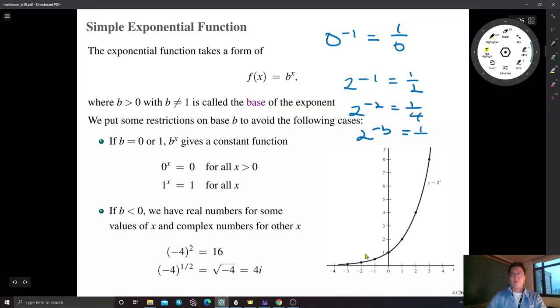Negative 3 gives 1/8. So you can easily check that when x goes to negative infinity, that is, when x is a very large negative number, the function is very close to the horizontal axis. So the value of the function will be very close to 0.